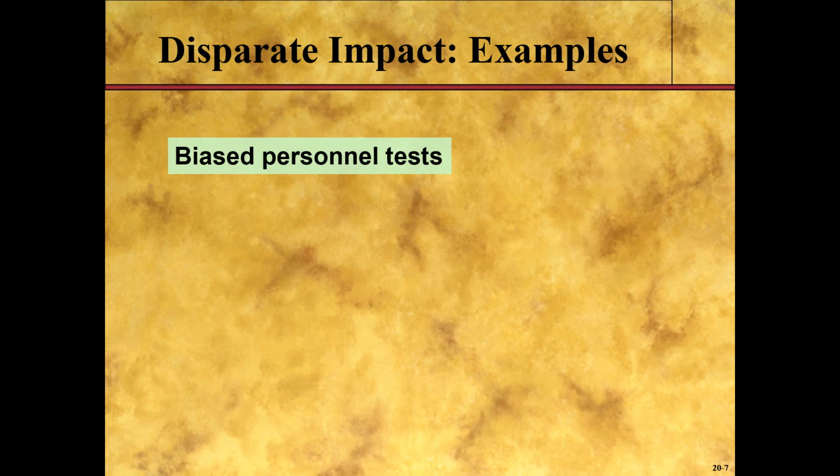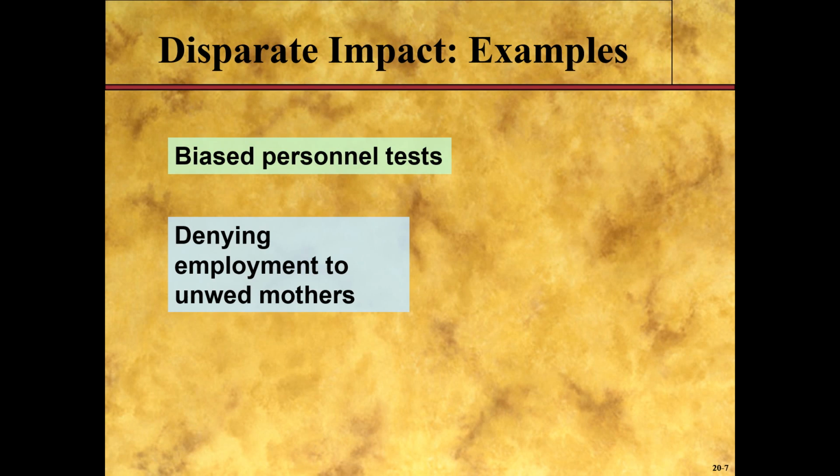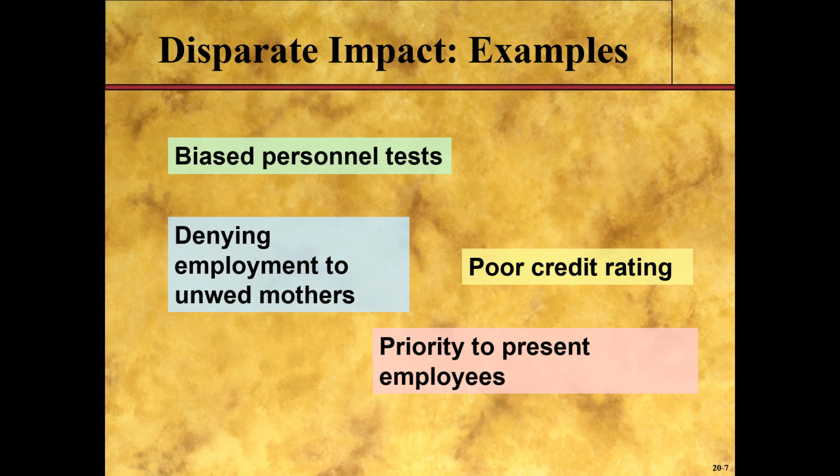Examples of disparate impact: biased personnel tests, denying employment to unwed mothers, denying employment to people because they have a poor credit rating, giving priority to present employees when present employees are not in the minority. Those types of things can be disparate impact.